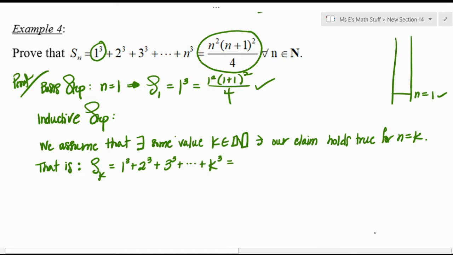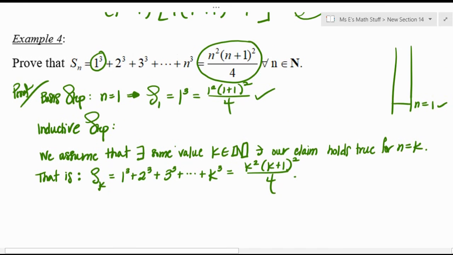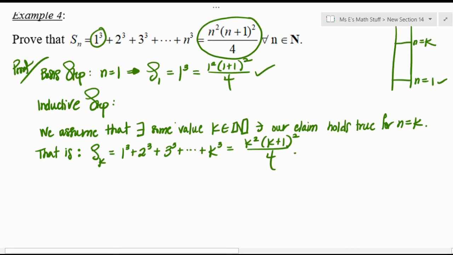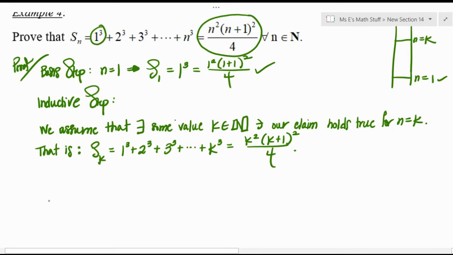But that is indeed equal to k squared times k plus 1 squared all over 4. All right, so we're assuming that there's some kth rung of the ladder you can get your foot on. Okay, so that's the first part of the inductive step.